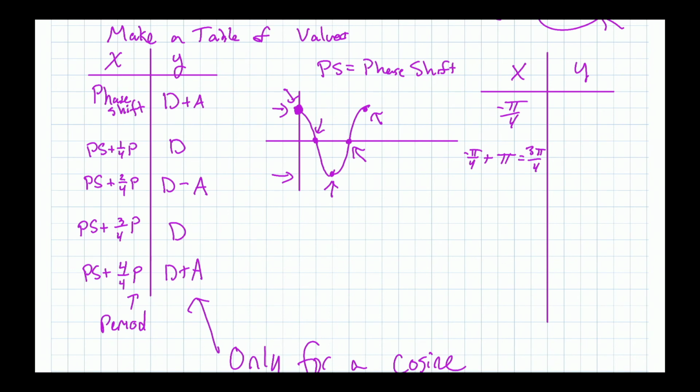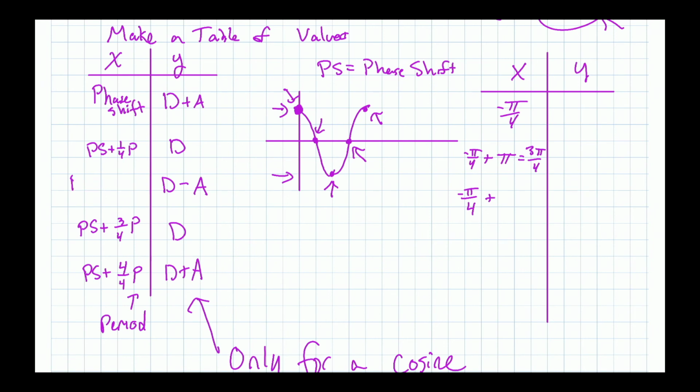Next one is, where are we? We're here. So the phase shift, why did I just write a 2? Phase shift, pi over 4, plus 2 over 4 periods. You know, you could write that however you want, right? I don't know why I wrote it the way I did. I'm even going to erase this real quick.